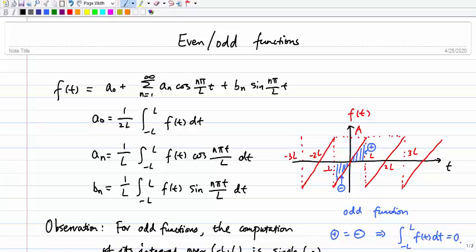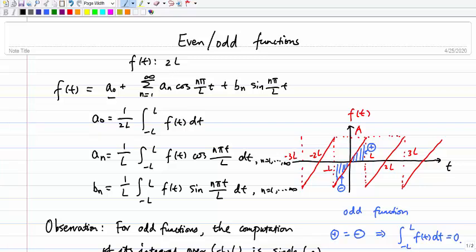For a given periodic function f of t, which has a fundamental period of 2L, its Fourier series is given by f(t) equals a0 plus the summation from n equals 1 to infinity of an cosine n pi t over L plus bn times sine n pi t divided by L. Here the parameters are all the weights a0, an, and bn defined as this. Here a0 is just one parameter, and an holds true for n from 1 to infinity. Also for bn, this holds true for n from 1 to infinity.